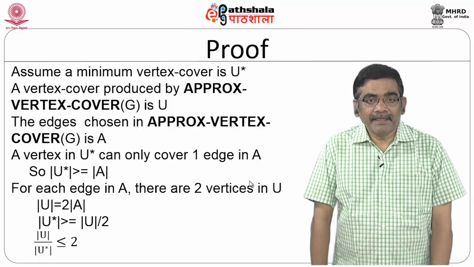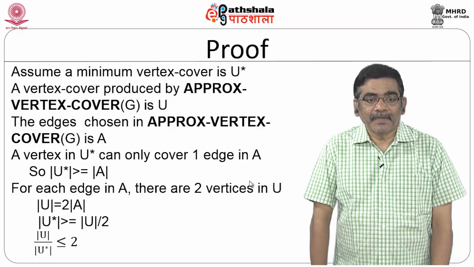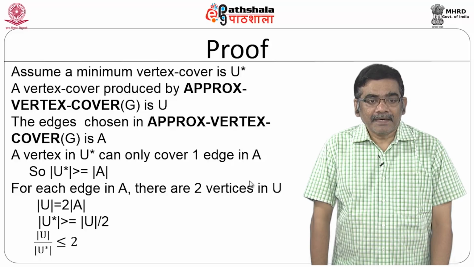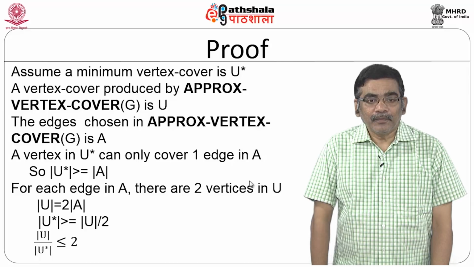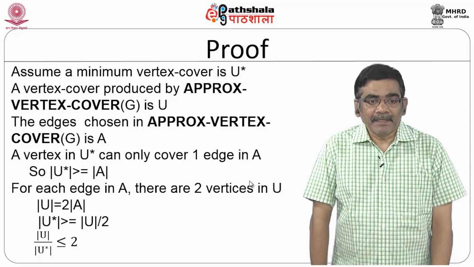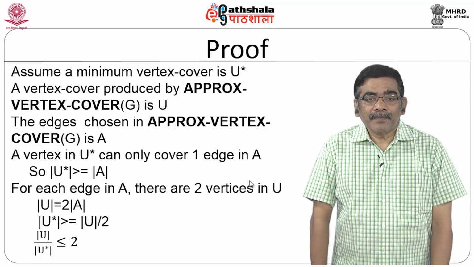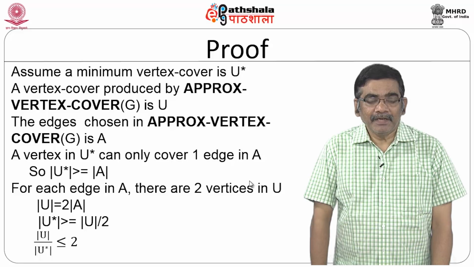Then the edges that are present in the approximation algorithm list are going to be A. Then we can say that a vertex in u star can cover only one edge in A. So, the size of u star is going to be at least the size of A. But in the algorithm, we take the edge u comma v and add both u as well as v into the cover.